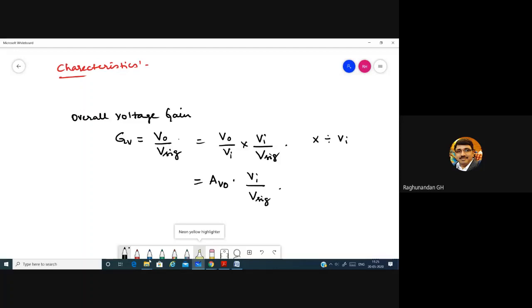So this is about the overall voltage gain.